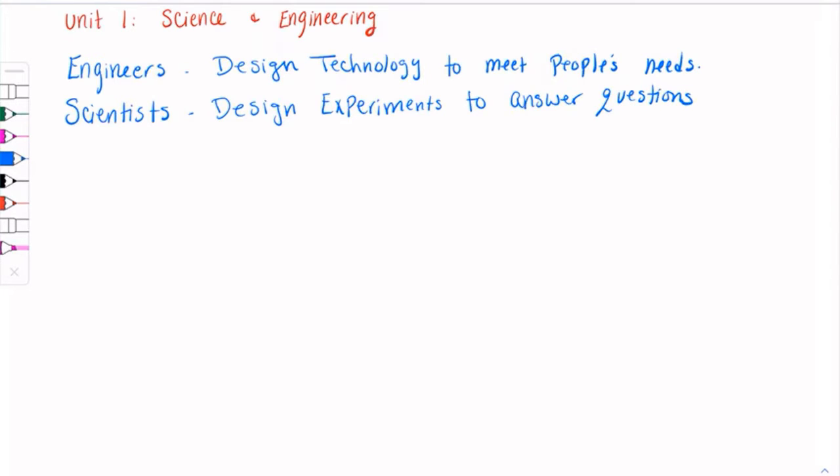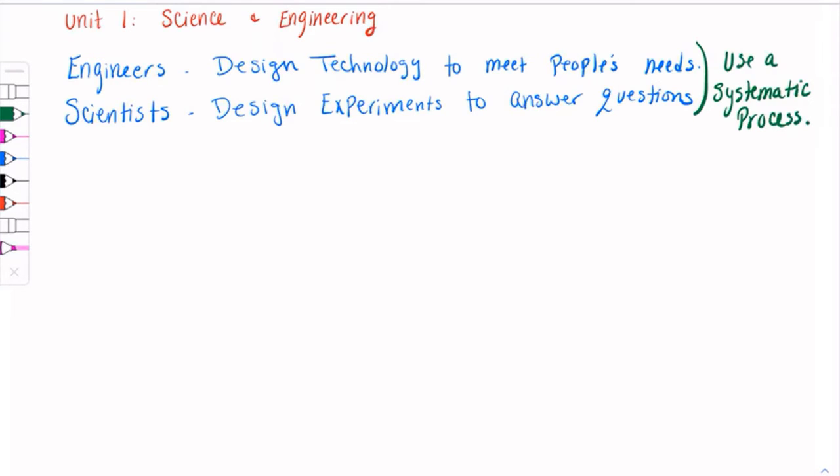Now, both use what we call a systematic process to do this. Okay?